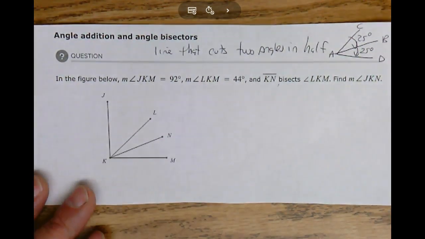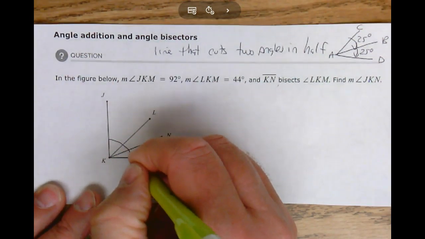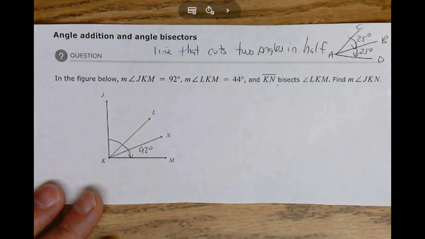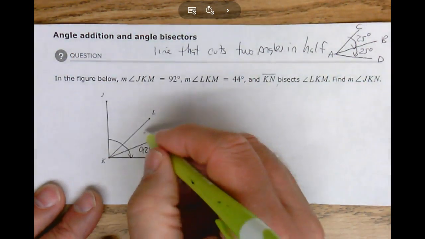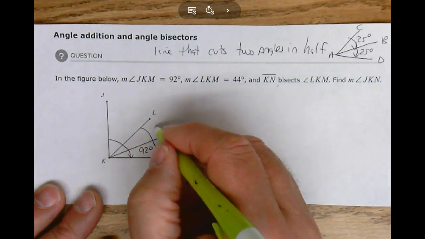So let's see what we got here for information. So it says in the figure below, angle JKM is 92 degrees. So this whole thing is 92 degrees. And it says the measure of angle LKM, so this one, is equal to 44 degrees.